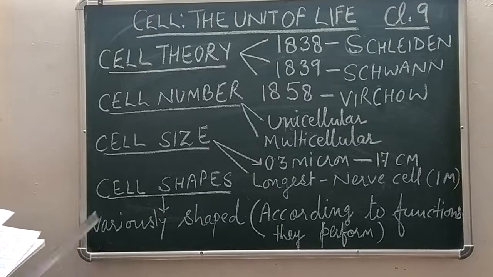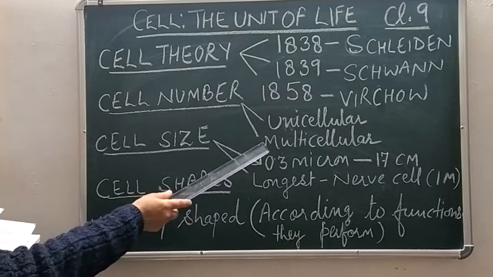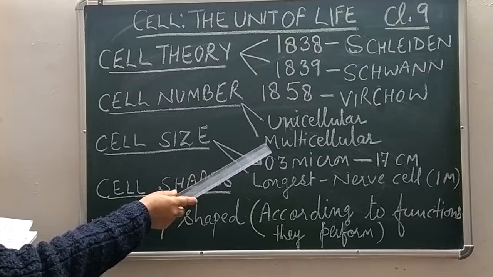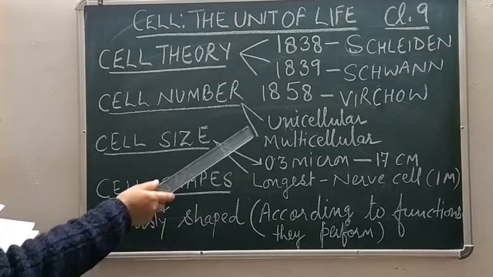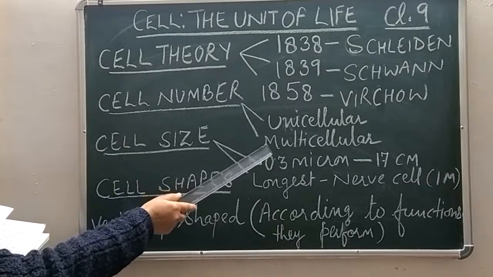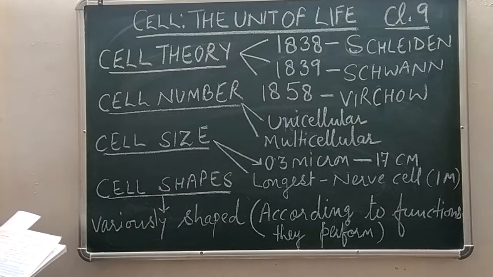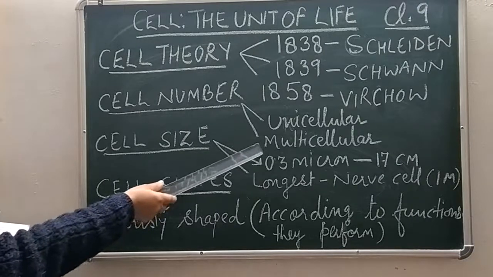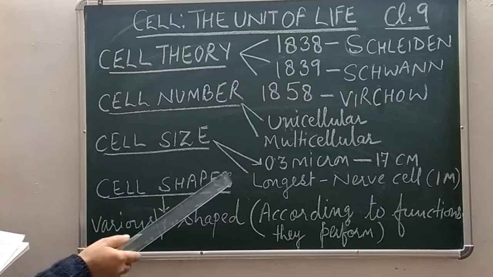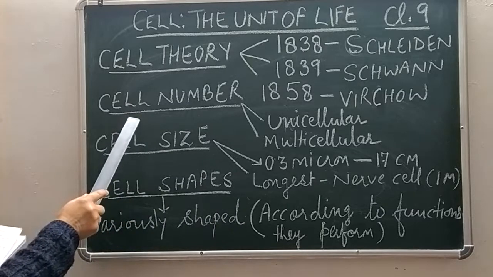Whereas some other organisms are made up of many cells, millions of cells, and they are known as multicellular. The examples are the plants you see around, even human beings. We human beings are multicellular organisms because our body is composed of many cells. So this is about cell number.